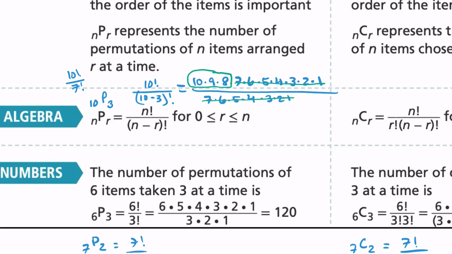If you use a calculator, click the math key and go over to the probability option. You can find nPr, you can find nCr, and you can also find the factorial key.